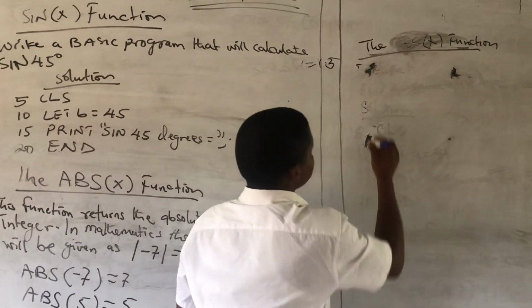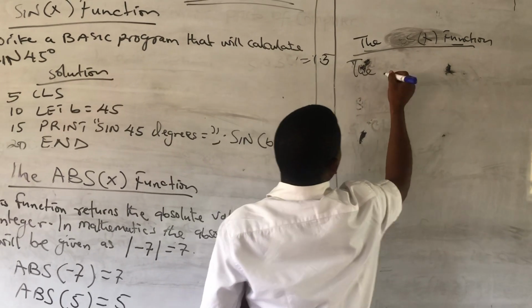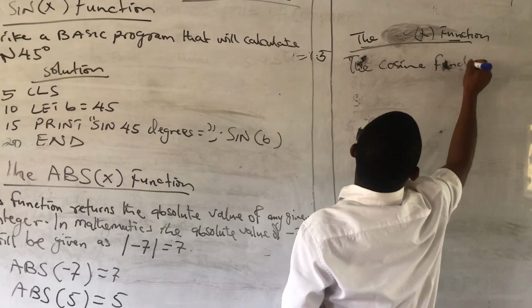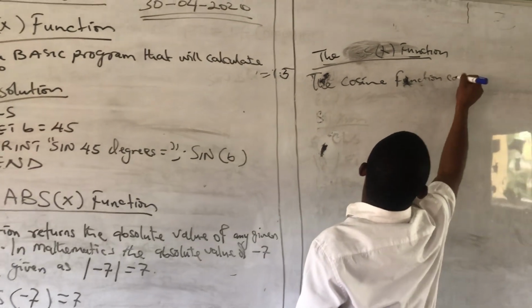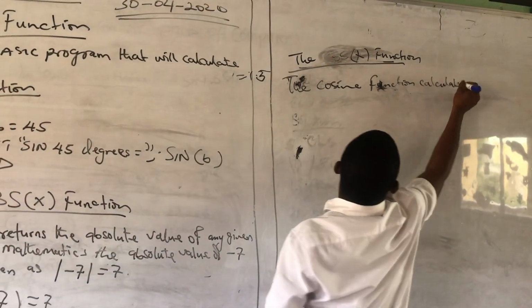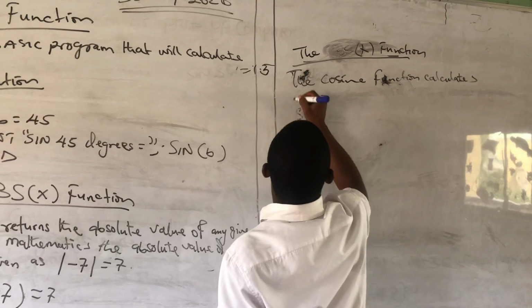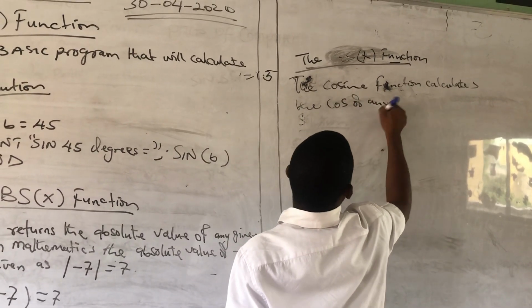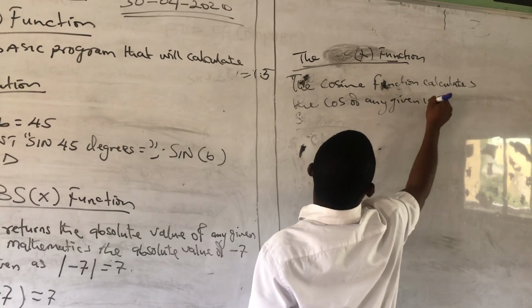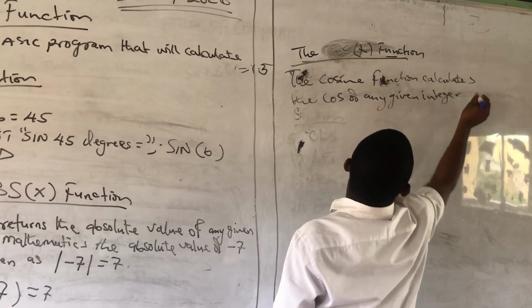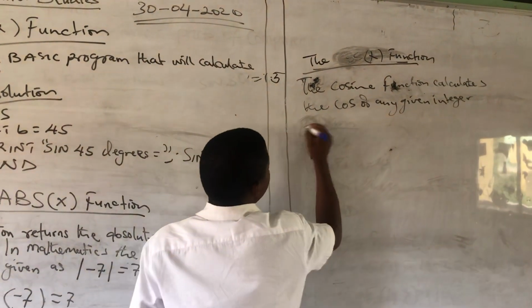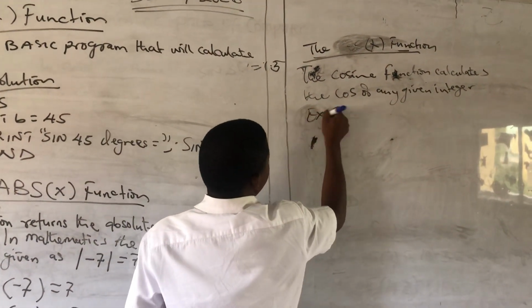The cosine function calculates the cos of any given integer. Take for instance, if you have something like this in basic, we can implement the example.